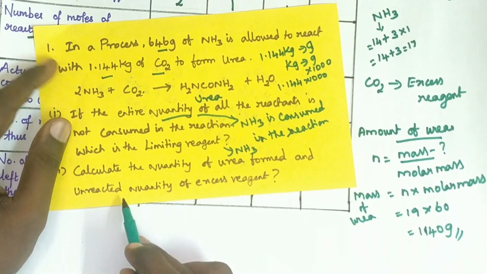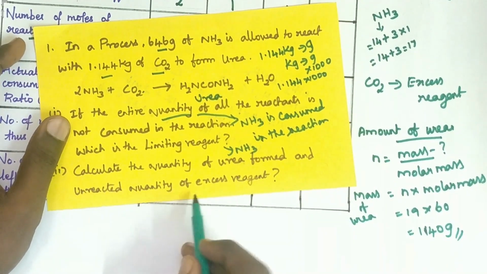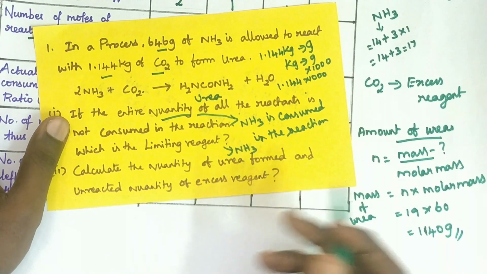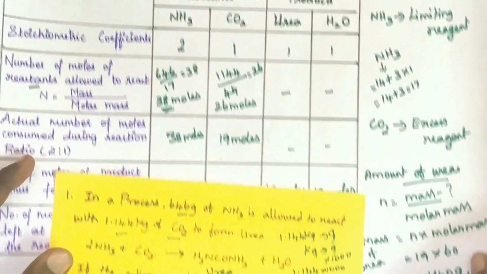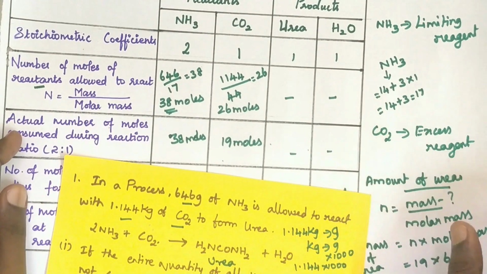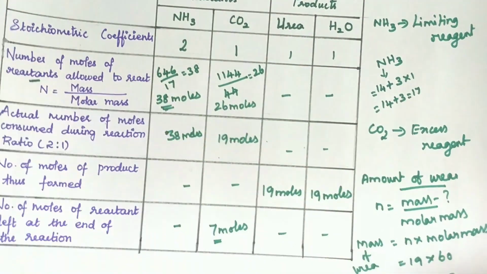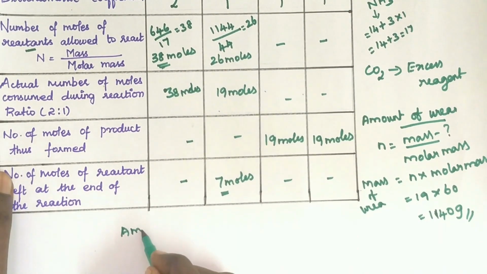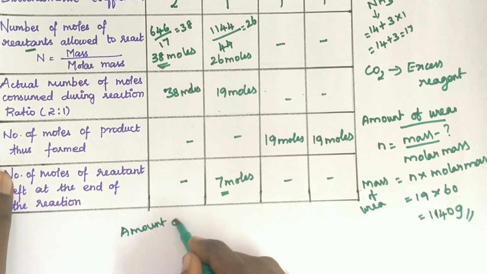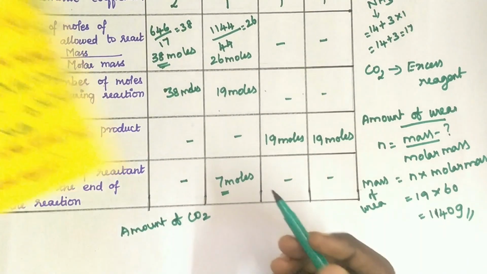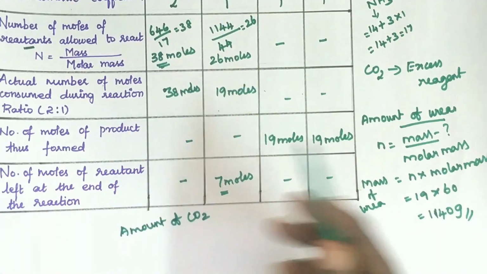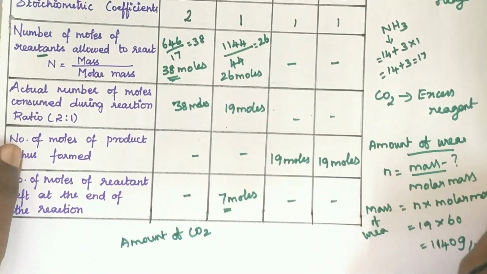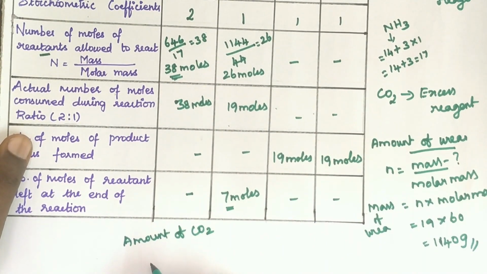And then they ask for the unreacted quantity of the excess reagent. The excess reagent here is CO2, so you have to find the quantity of the excess reagent. In a similar way, with the same method, the amount of CO2 calculation.